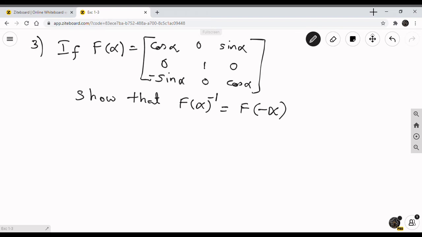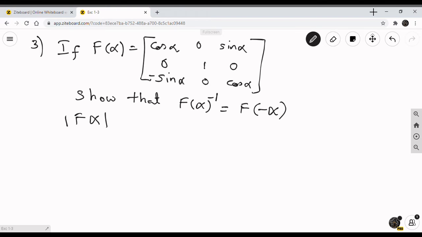First, for finding out the inverse, we have to see the determinant value of f alpha to see whether it is singular or non-singular. If the determinant value is 0, it is singular, f inverse does not exist.